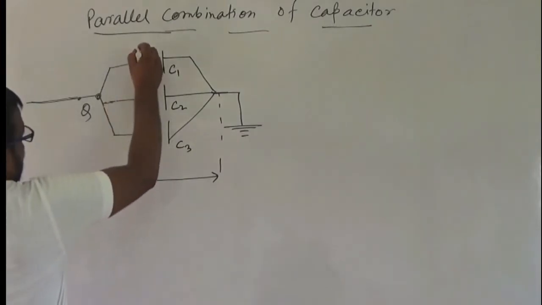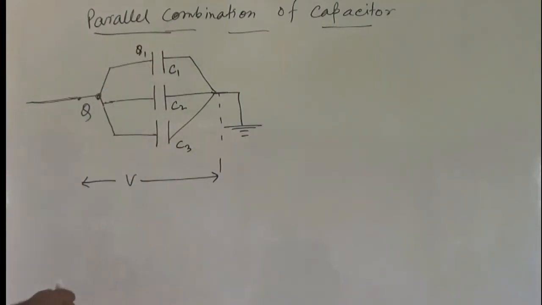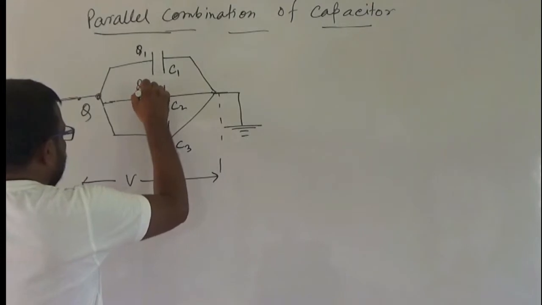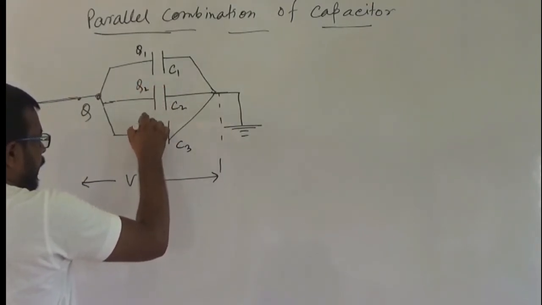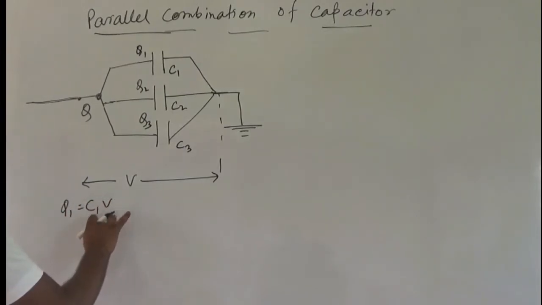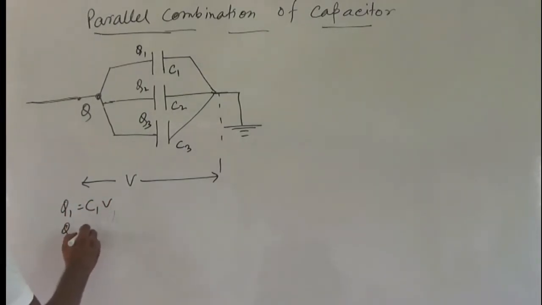Let us say Q1 will be the charge on capacitor C1, Q2 the charge on capacitor C2, and Q3 the charge on capacitor C3. Then we can write Q1 is equal to C1 V, Q2 is equal to C2 V, and Q3 is equal to C3 V.